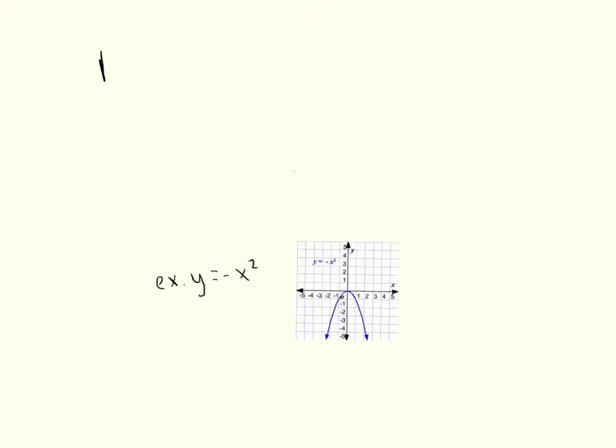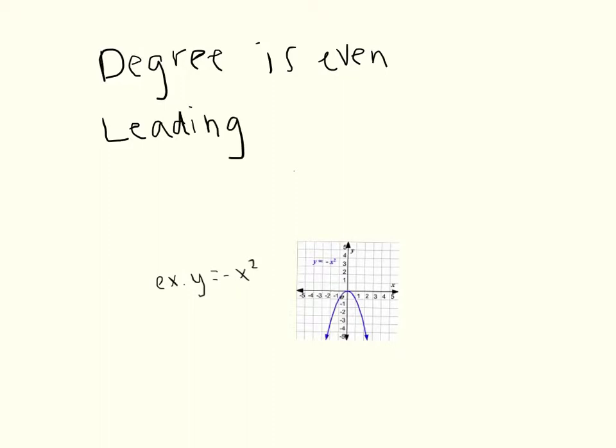The next end behavior consists of when the degree is even and the leading coefficient is negative.